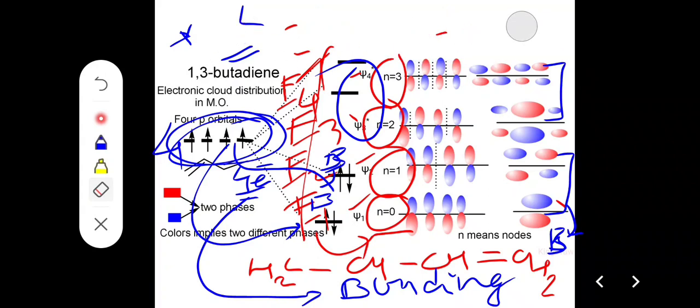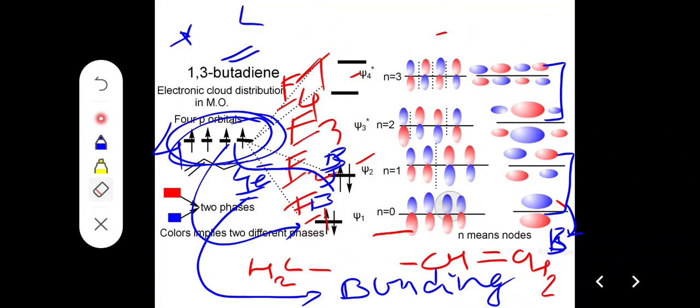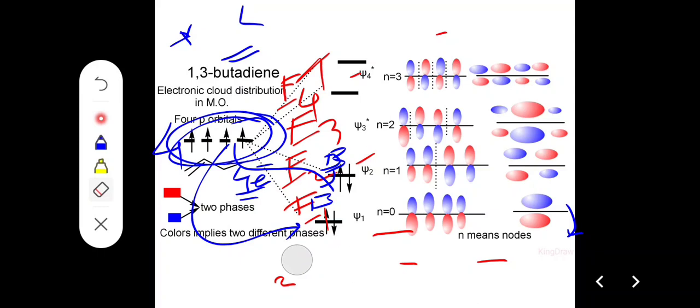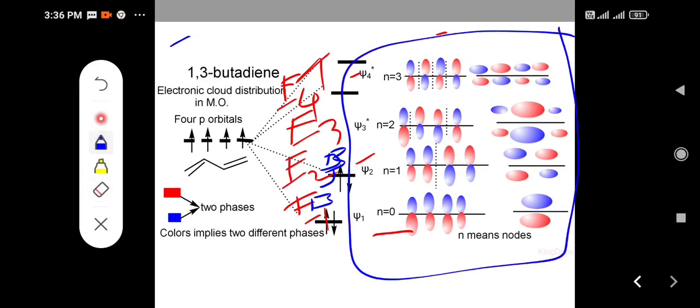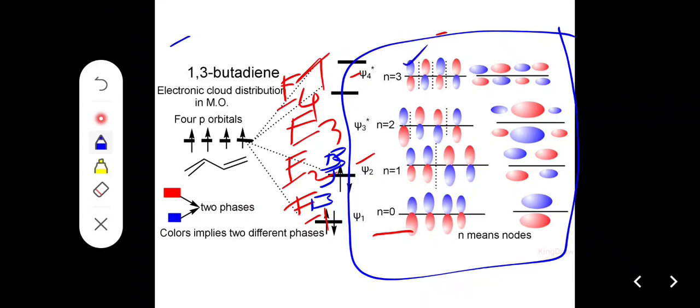In this way we get this MO diagram. These are the opposite faces; the color shows two defined faces. So what is the summary?